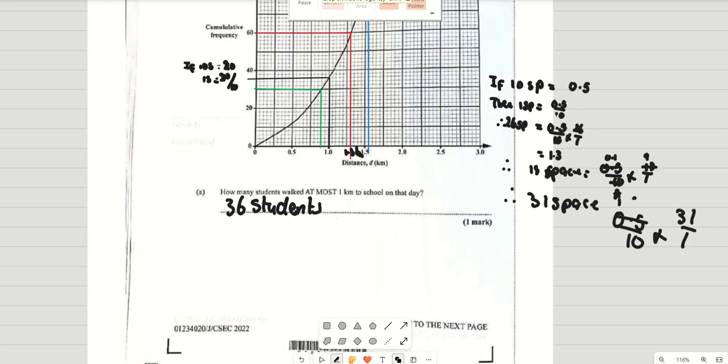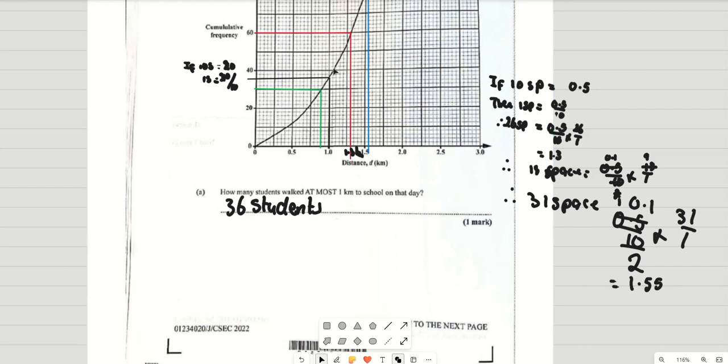Alright, this is 0.1, this is 2. Right, when you put this in your calculator, 31 spaces is actually 1.55.